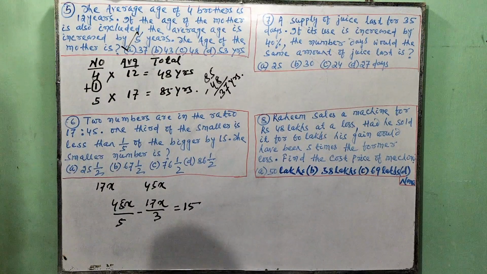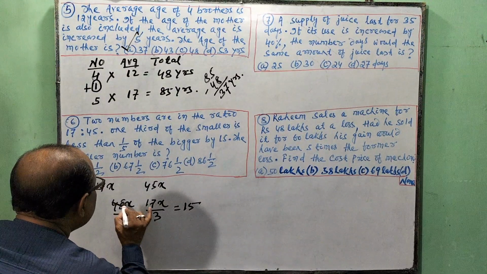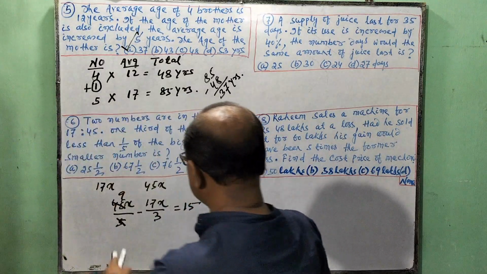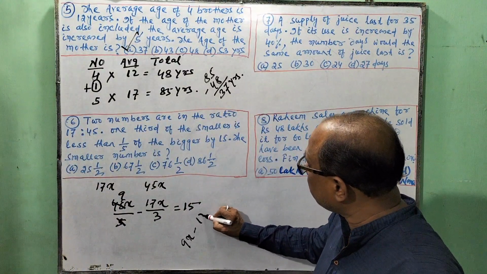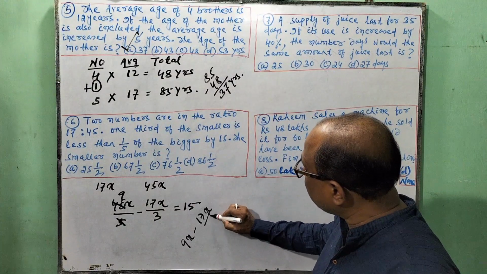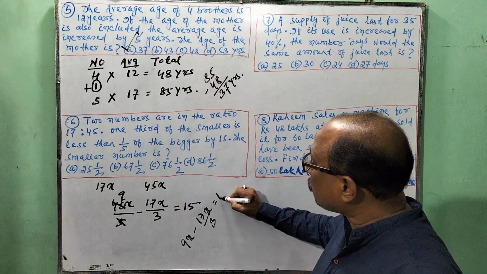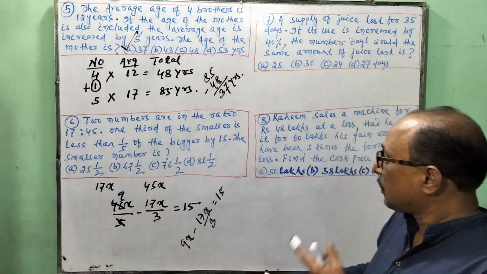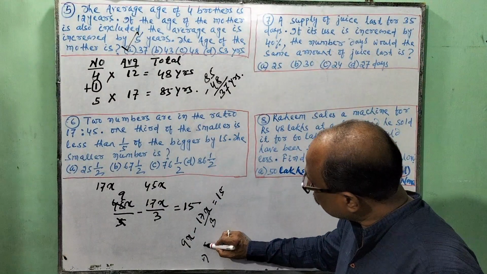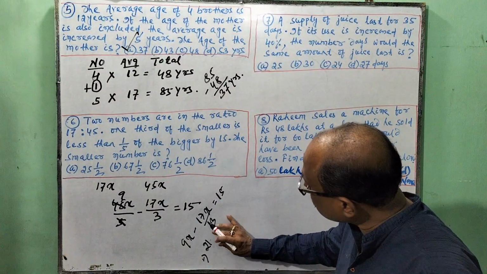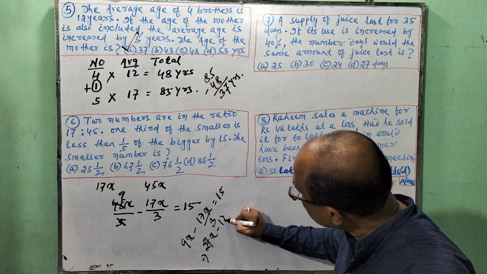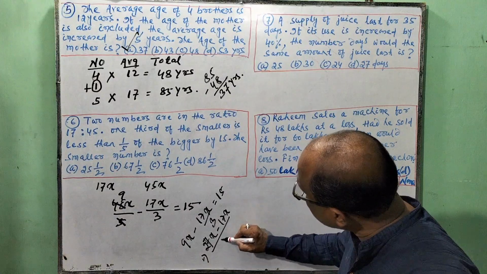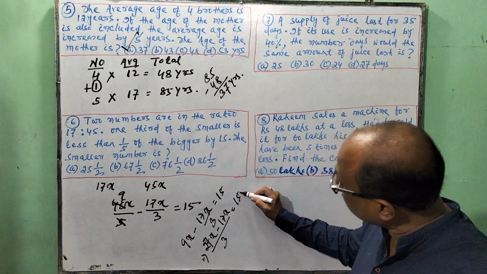So one fifth of 45x is 9x. 9x minus 17x by 3 is equal to 15. So 27x minus 17x by 3 is equal to 15.